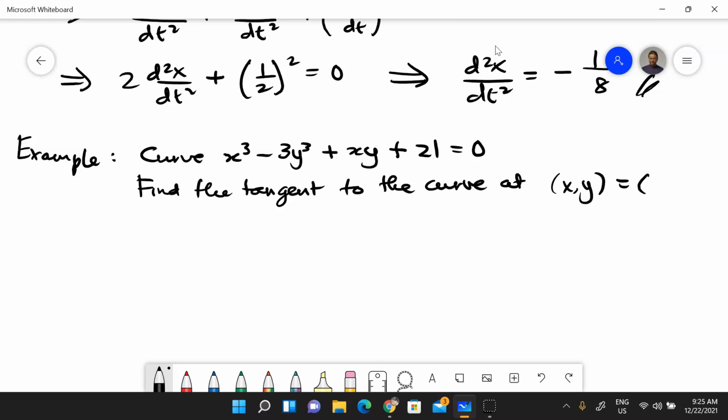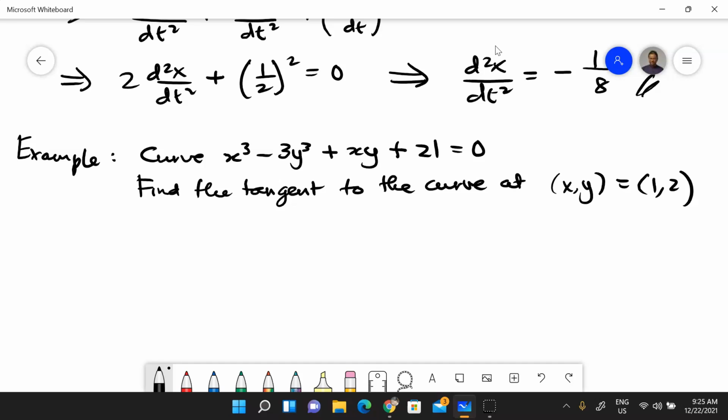Yeah. Right. So what do we do in this particular case? Again, like before, you just simply differentiate the whole equation.